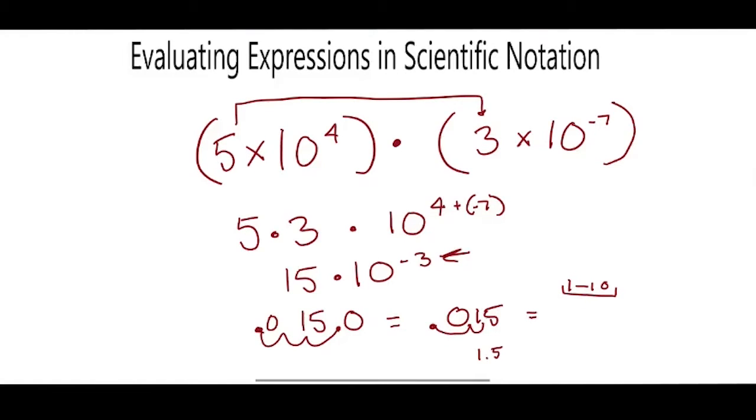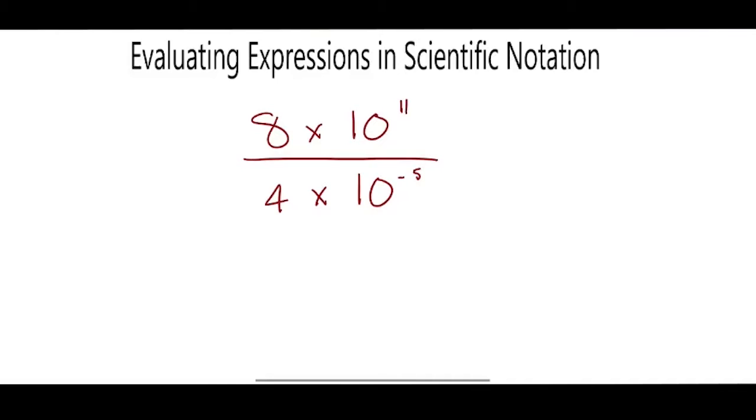So it is 1.5 times 10. And because my original number is below 1, I know it's going to be negative. And I moved it 1, 2 places. So it will be negative 2. So my final answer is 1.5 times 10 to the negative 2nd power.